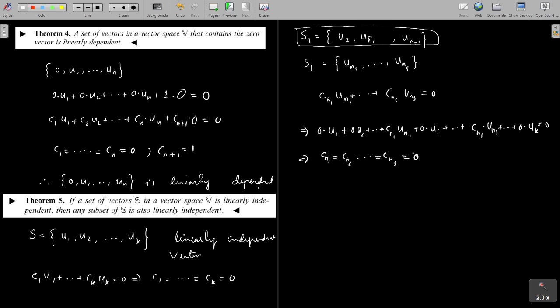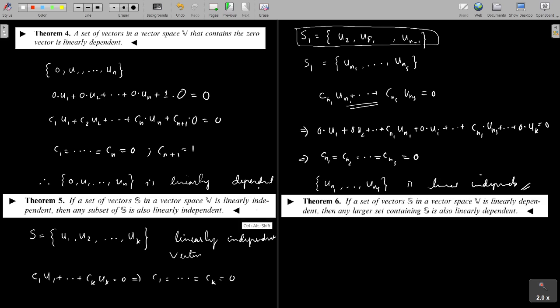So this implies that whenever this linear combination is 0, all the coefficients are 0. This is nothing but the linear independence of the vectors un1, etc., uns. So this shows that it is linearly independent. This proves theorem 5: any subset of a linearly independent set is linearly independent.